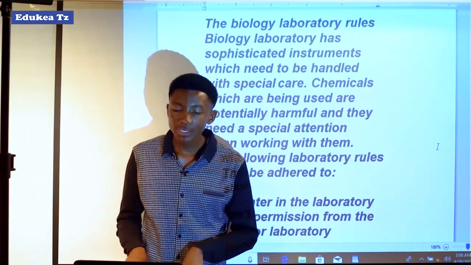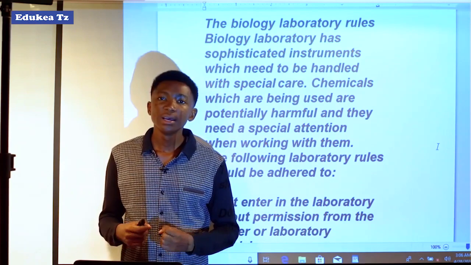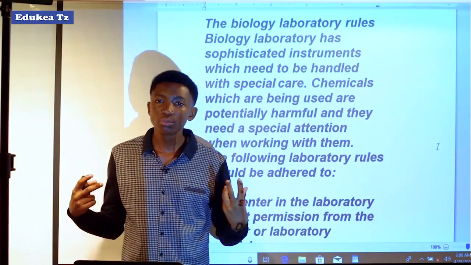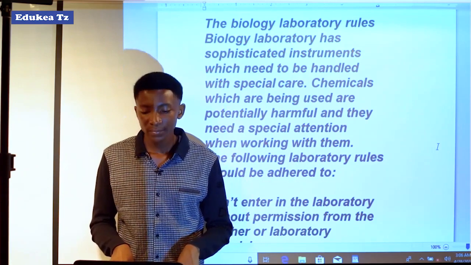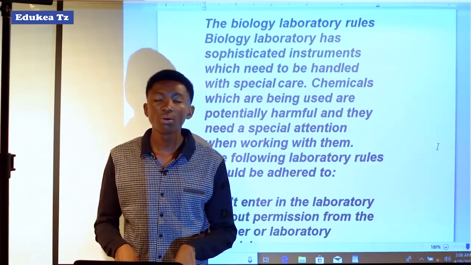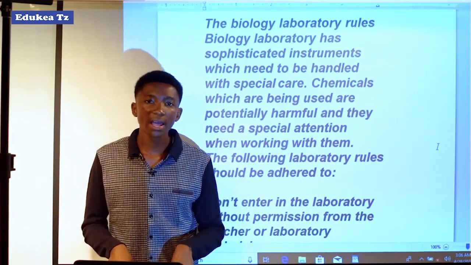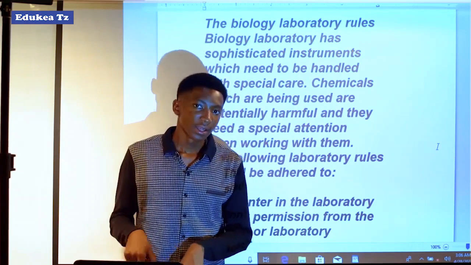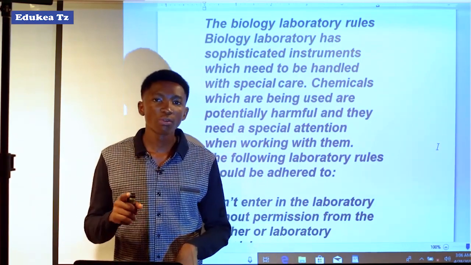So in biology there are some materials which need to be taken good care of, because they can break down, or they can cause harm to the life of human beings. So those are the precautions of the laboratory.